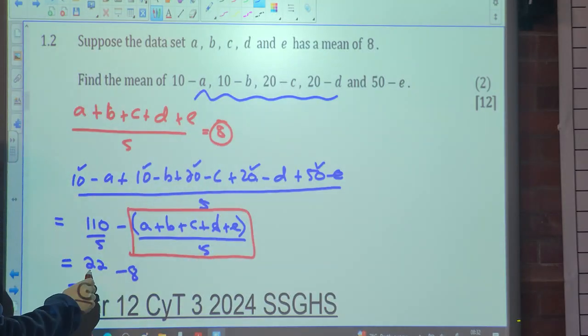And 22 minus 8 is 14. So the mean of this number set is 14.